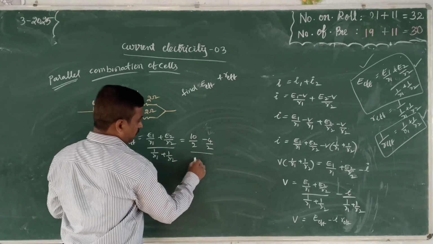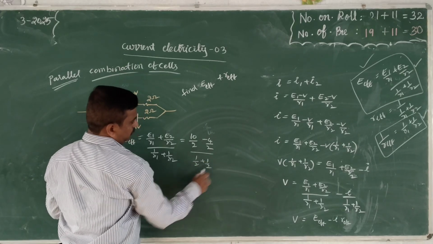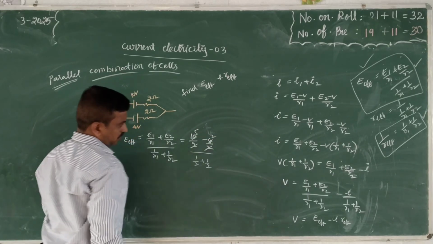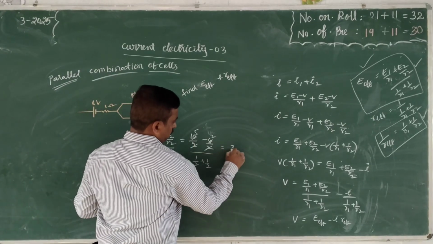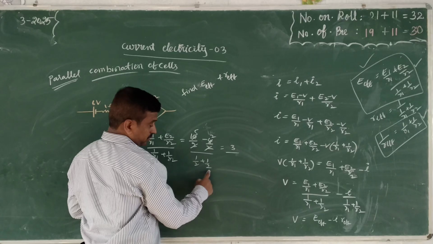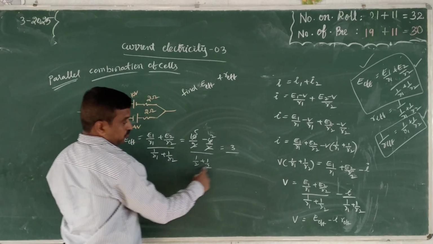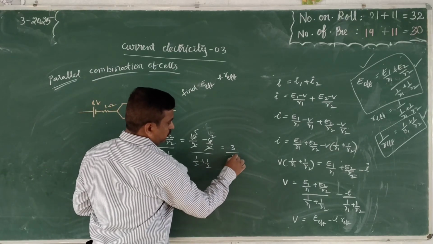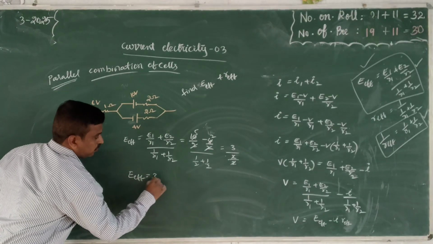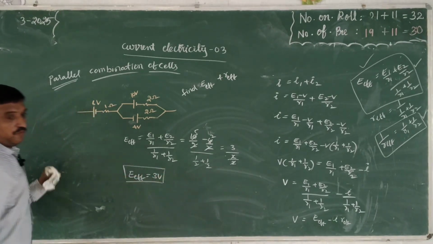Divided by 1 by 2 plus 1 by 2. So we get 5 minus 2, 3, divided by, LCM is 2, 1 plus 1, 2 cancels. Effective EMF equals 3 volt.